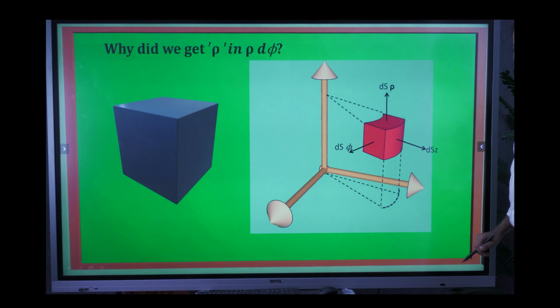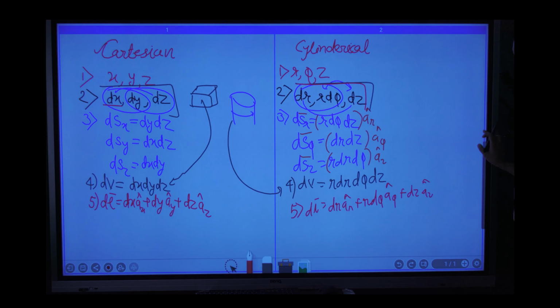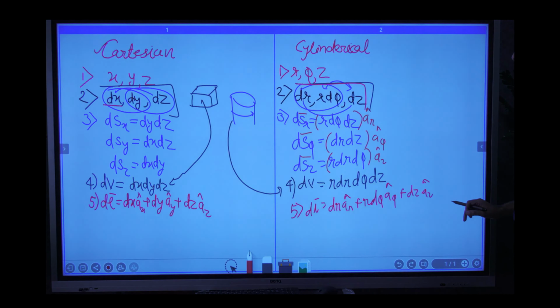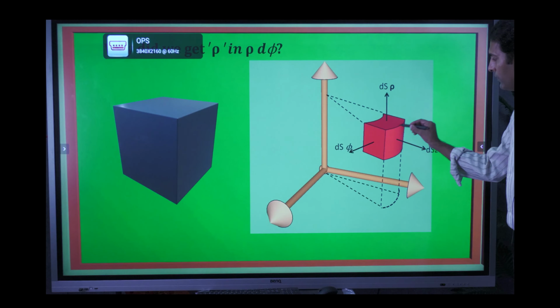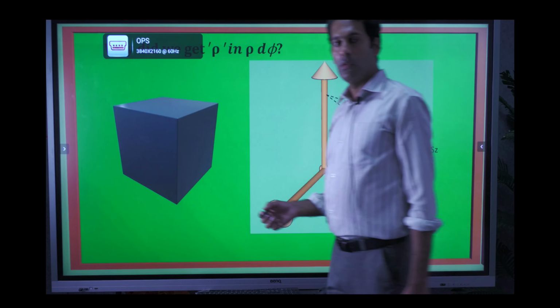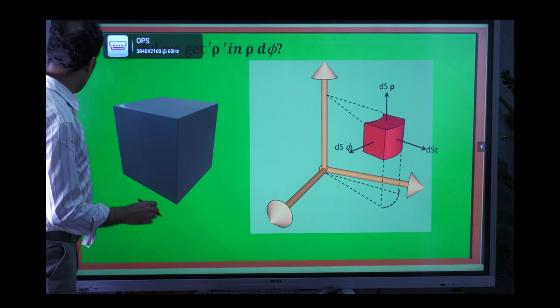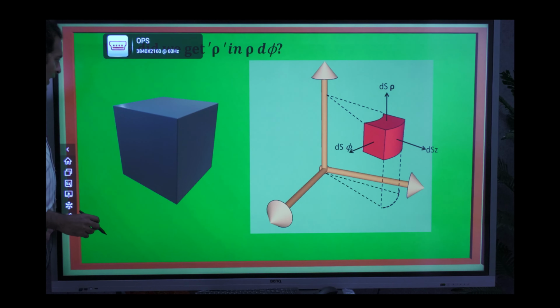But for a volume taken out of a cylinder, we get some shape like this. So for this shape, we have additional curves. That additional curve will give the additional r component for the phi term.